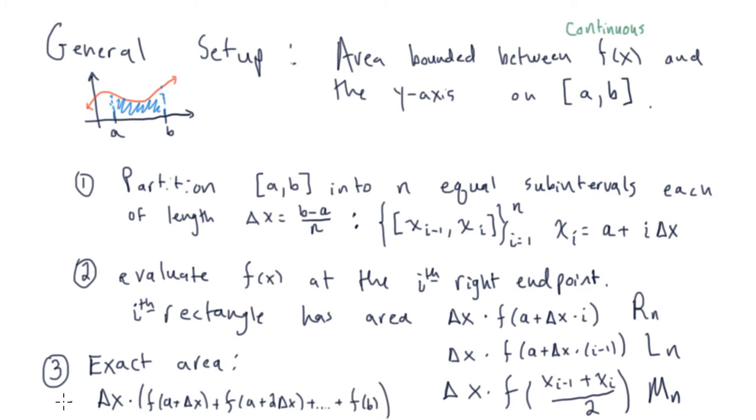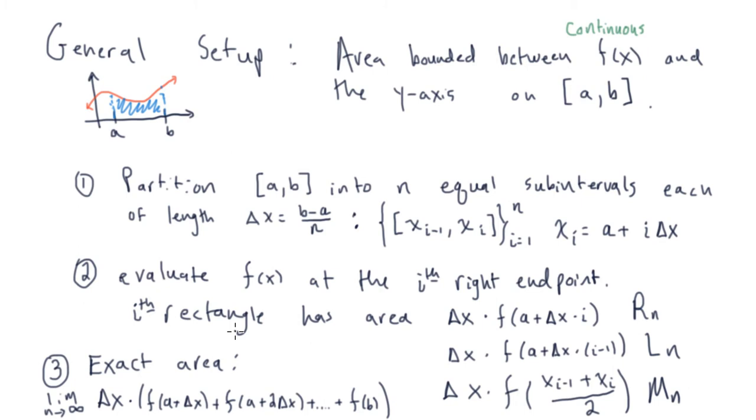So this is R sub n, but we're going to take the limit as n goes to infinity. Okay, so that's going to be the exact area. Now we would get the same thing if we did the left endpoint or the midpoint, but it doesn't matter.